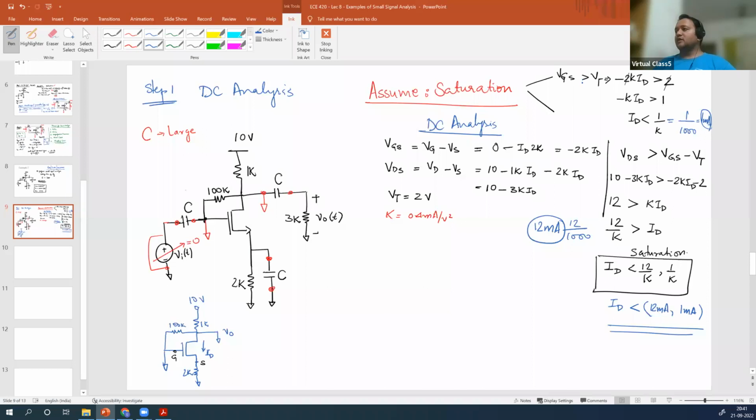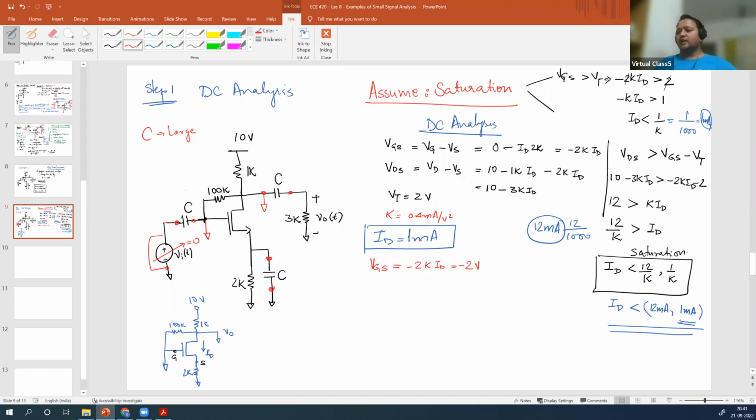For VGS minus VT, ID has to be less than 1 milliampere. For saturation, this has to be less than 12 milliampere. To satisfy both conditions, the answer will be 1 milliampere. ID is 1 milliampere. Right? You replace, VGS value is minus 2K ID, which is minus 2 volt.